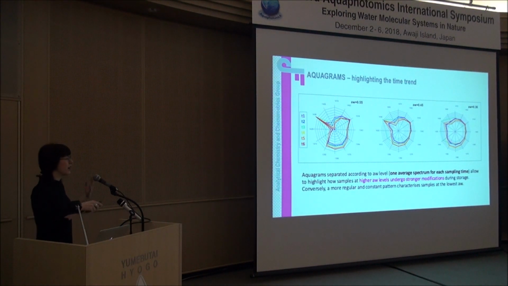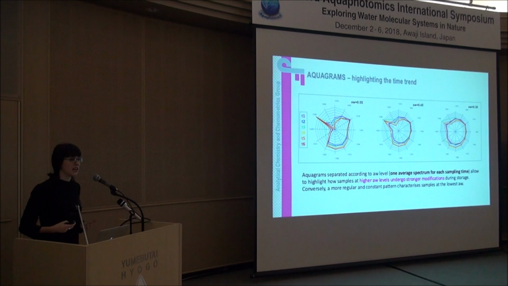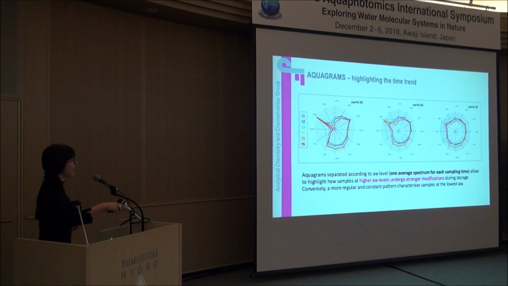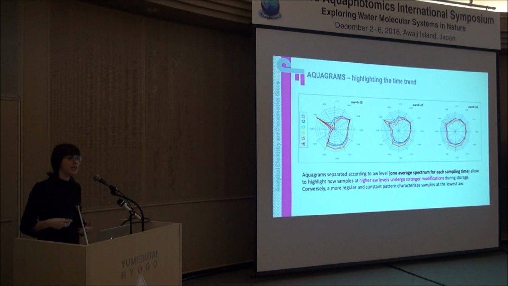So our holistic markers for water tell us that it's not so evident what is happening inside water, but it became more evident here with a higher level of water activity. And here you can see that something is happening inside the sample with the higher level of water activity.